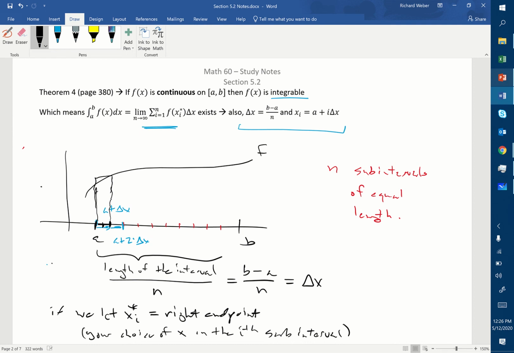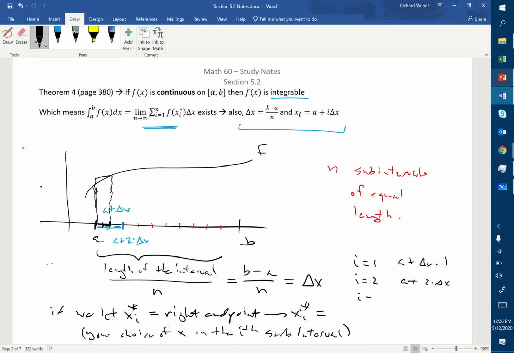Okay, if we let x equal the right endpoint, then that means x sub i star is equal to, watch out for this, in the first one, if i is equal to 1, we have a plus delta x times 1. If i is equal to 2, we have a plus 2 times delta x.